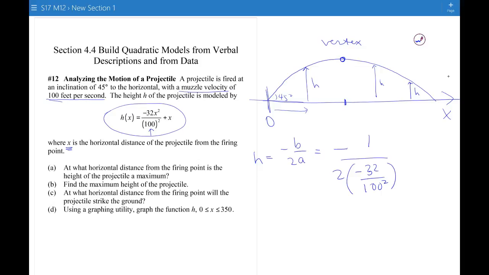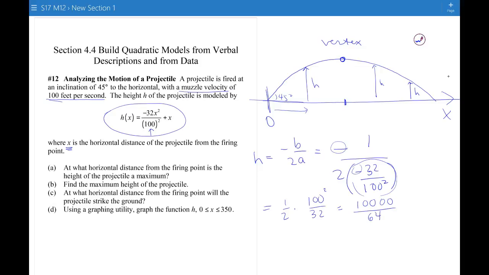So that looks kind of crazy, but we can do this. So we have a negative and a negative, so that we don't need to worry about. It's going to become positive. And then this fraction is going to turn upside down because we're dividing by a fraction. So we actually multiply by the reciprocal. So then 100 squared is 100 times 100, and this is going to be over 64.